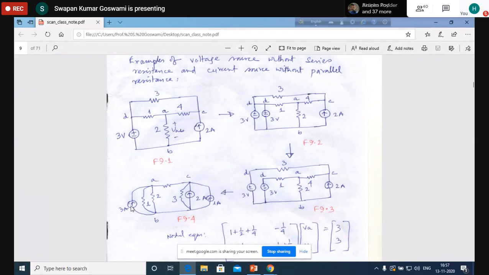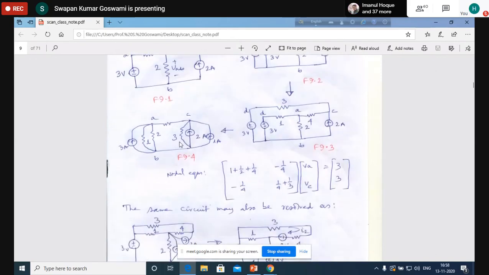This current source is injected toward node A because the positive sign here is near the end A. Similarly, between node C and this reference node B, we can have a current source to represent this voltage source. 3 volt in series with 3 ohm resistance will be represented as 1 ampere in parallel with 3 ohm, and already there was a current source of 2 ampere. Okay, now you have the final network like this.